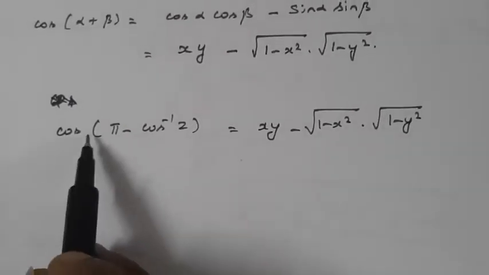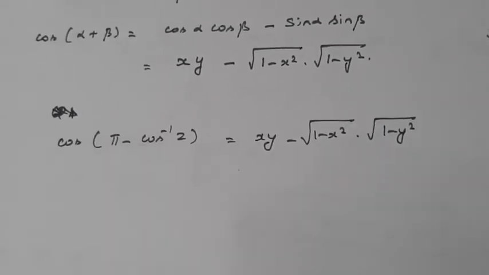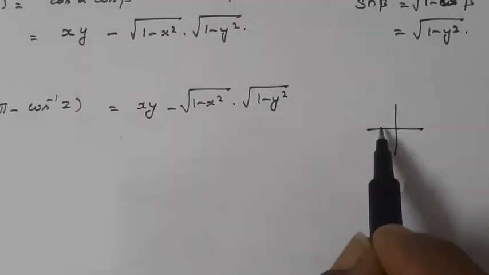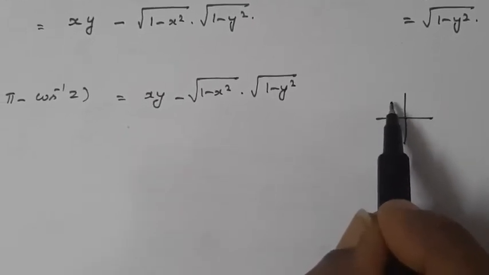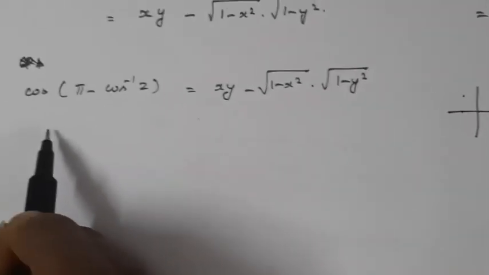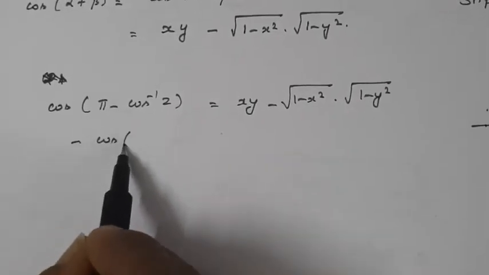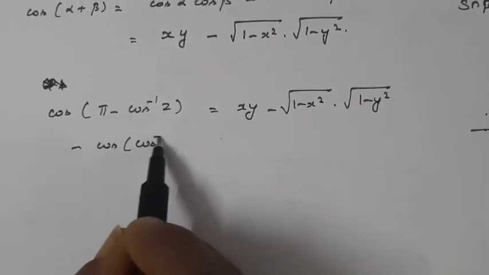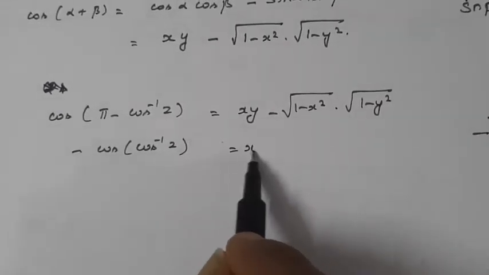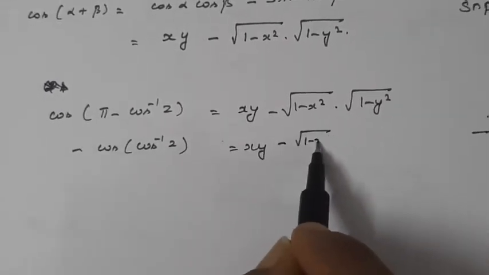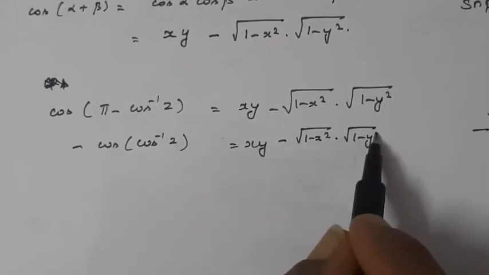Now, what is cos of pi minus cos inverse of z? See, pi minus means it lies in the second quadrant, in which cos is negative. So, this will be equal to minus cos of cos inverse of z. Minus cos of cos inverse of z is equal to xy minus root of 1 minus x squared into root of 1 minus y squared.